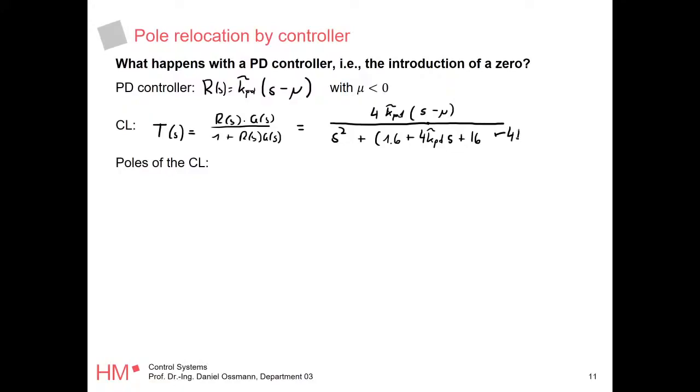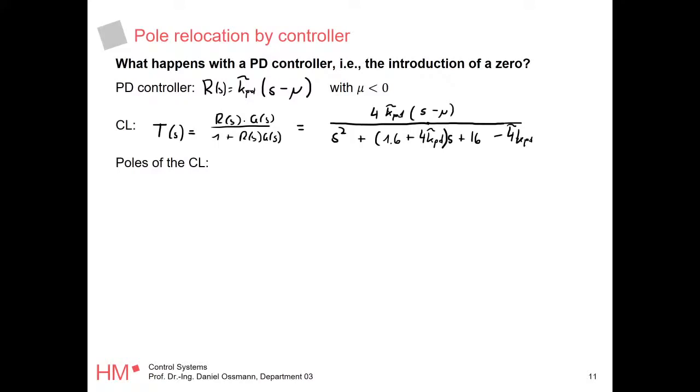Minus 4 kpd tilde. Let me check that. Yeah, there's a bracket missing here, so there needs to be a bracket here. So if you have the filled version, please correct this. After 3 semesters, first time I'm seeing that. There needs to be the bracket here.